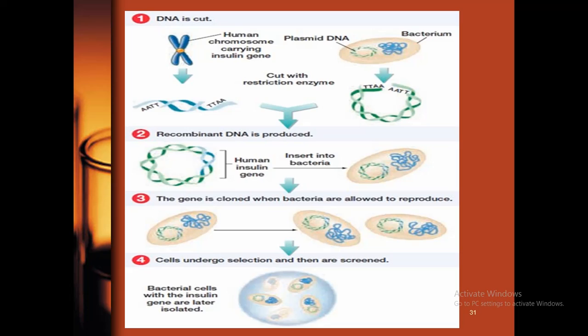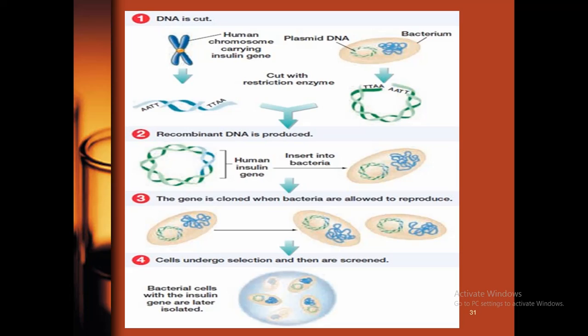On the other hand, you can see that in the bacterium there is a plasmid DNA where the cut is made, and this human chromosome carrying insulin gene is inserted into the plasmid DNA of the bacterium, and hence the recombinant DNA is produced.